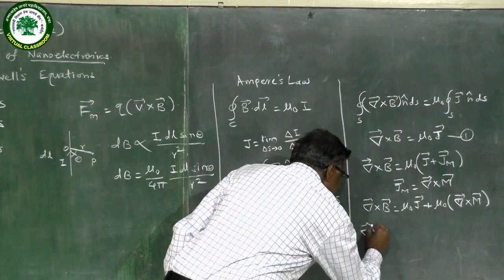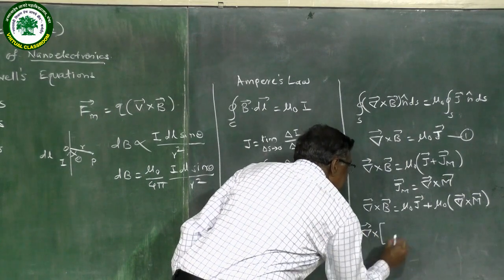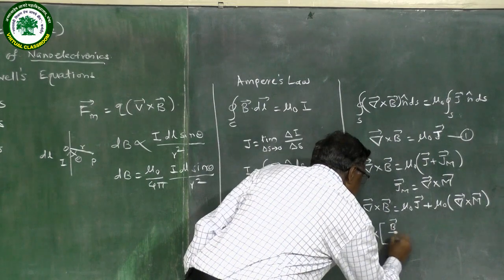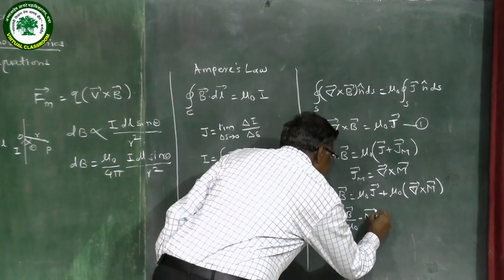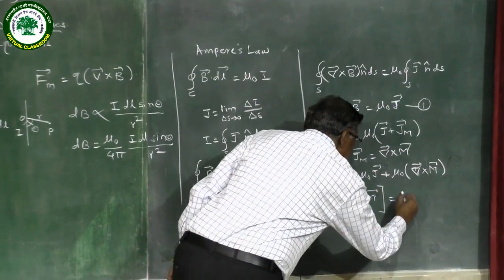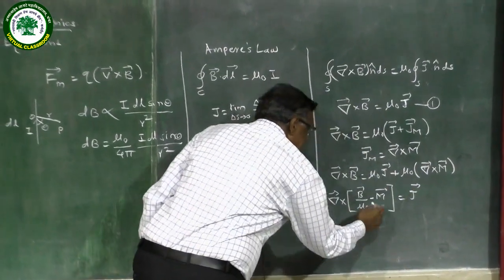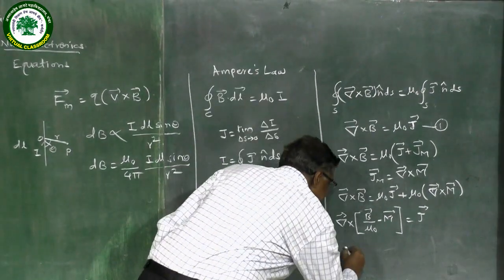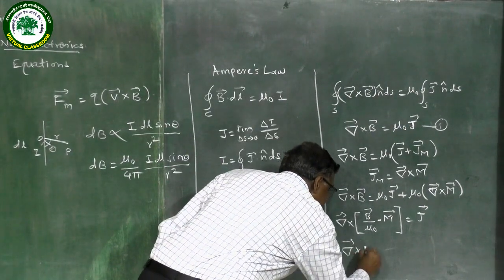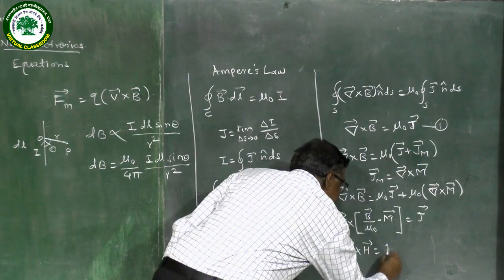Therefore the curl operator should be written as curl of B upon mu 0 minus vector M is equal to only J. Therefore this is the new vector, which is known as the magnetic intensity vector. It is denoted by H, and so curl of vector H is equal to J.